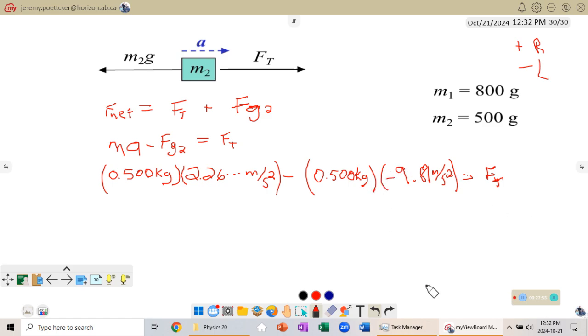And now it's a matter of just punching some numbers in my calculator. And my force of tension is going to be 6.036, which works out to 6.04 newtons, 2 sig digs.